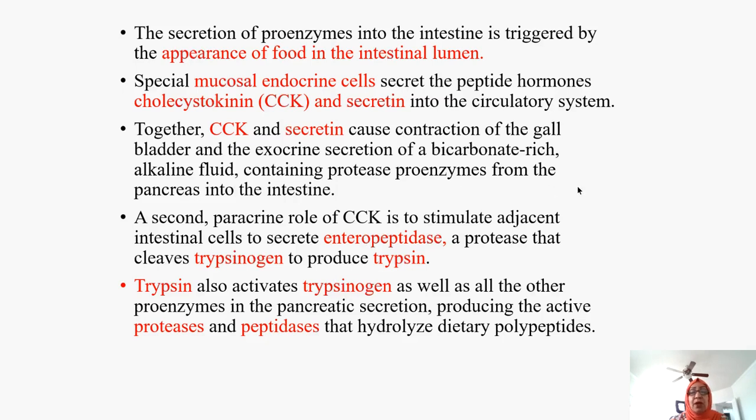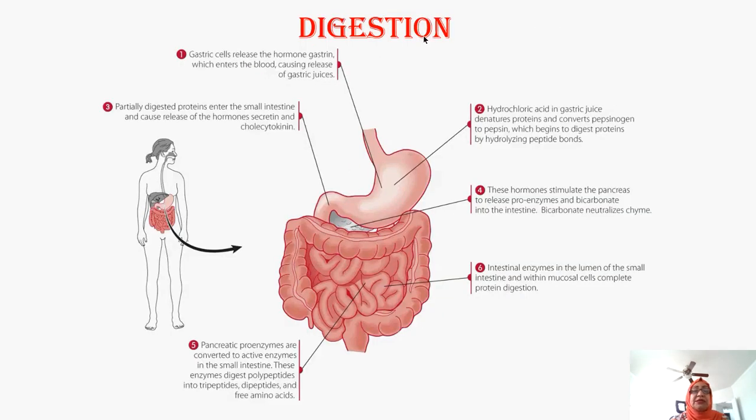Okay, so now we move to this diagram, which is really very helpful to show you exactly what will happen. So first of all, we see that gastric cells will release the hormone gastrin, and this will start to release gastric juice in the stomach. That includes hydrochloric acid and pepsin. Okay, so this is what happens in the stomach.